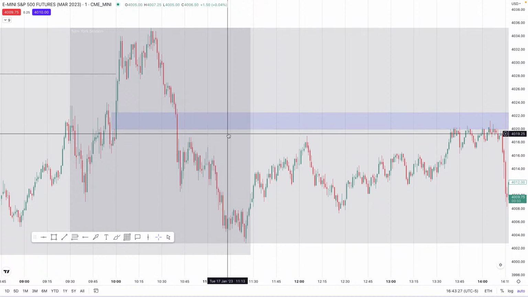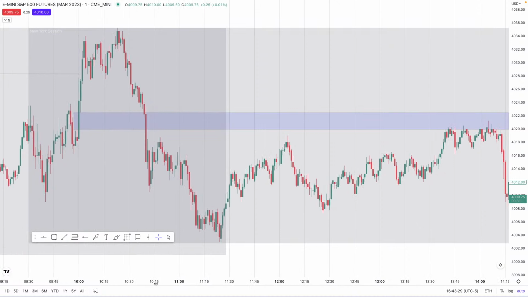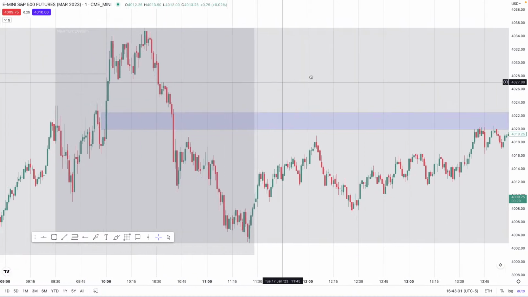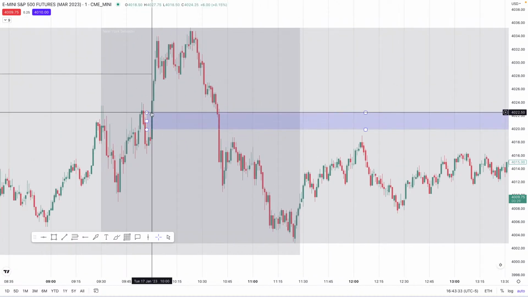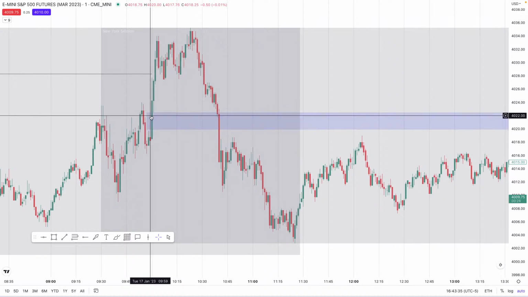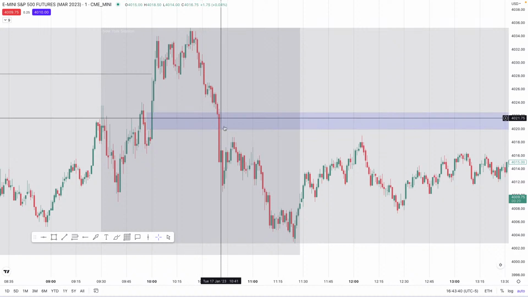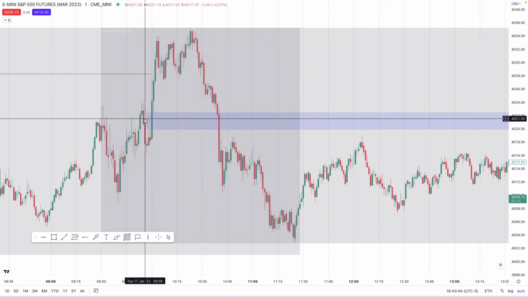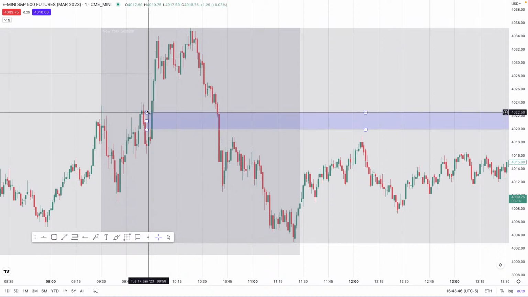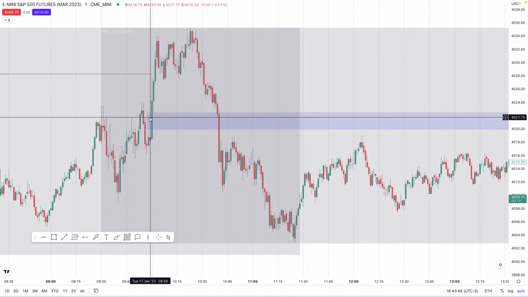That's kind of when I opened up my charts. And so the first thing that my eyes drew to was we had this fair value gap right here. And if you extend it all the way across, we had almost another fair value gap that lines up directly with it. So it's almost like just 1 point below.